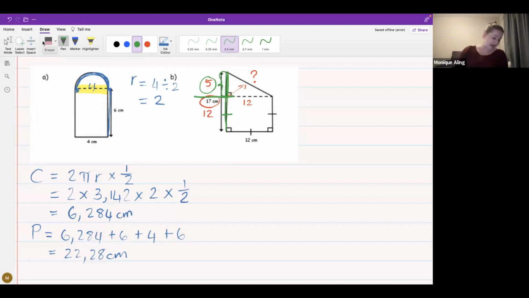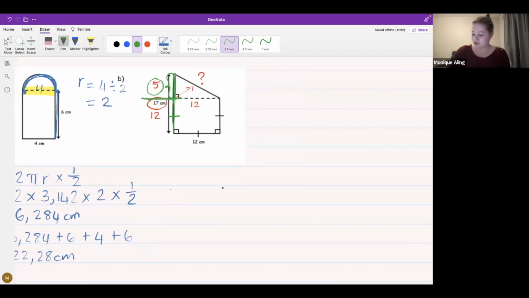Okay, so technically, our triangle looks like this. If I take it away from that square, we have 5 centimeters on this side. We do not know what this side is equal to, and we know that this side is equal to 12.